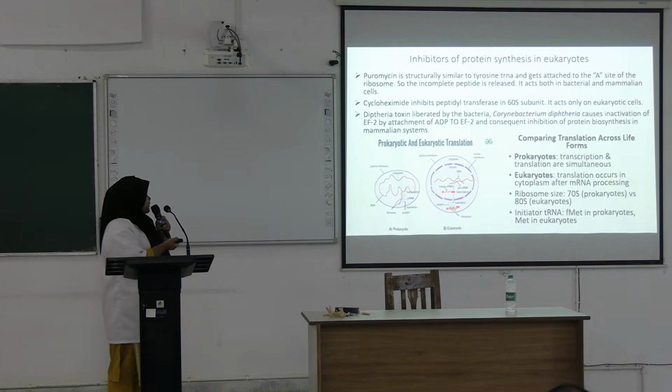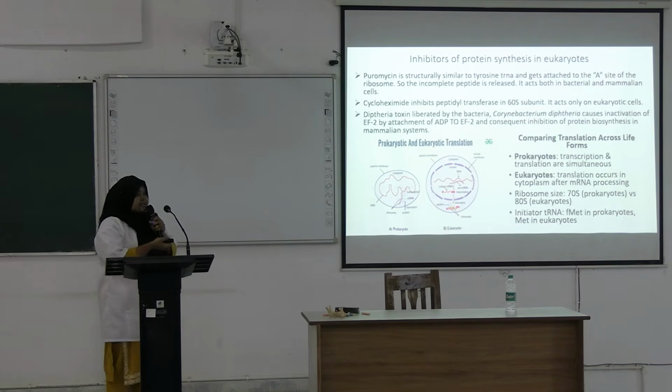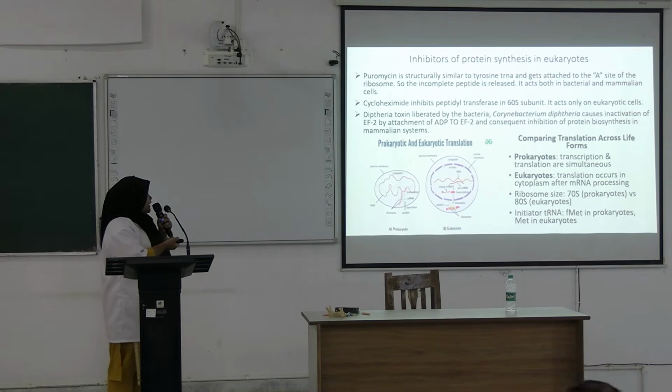Then cycloheximide inhibits the peptidyl transferase in the 60S subunit. It acts only on eukaryotic cells. Then the diphtheria toxin liberated by the bacteria Corynebacterium diphtheriae causes the inactivation of EF2 by the attachment of ADP to EF2 and the consequent inhibition of protein biosynthesis in mammalian systems.